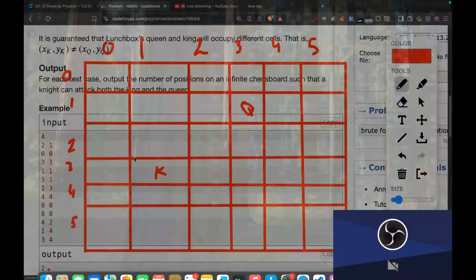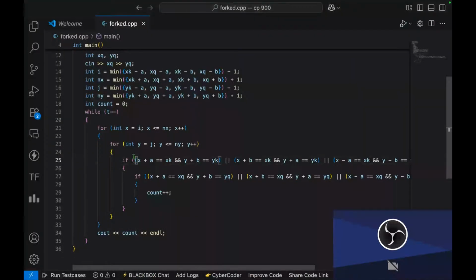And what we did is we basically take our i starting from x minus a comma x minus q.